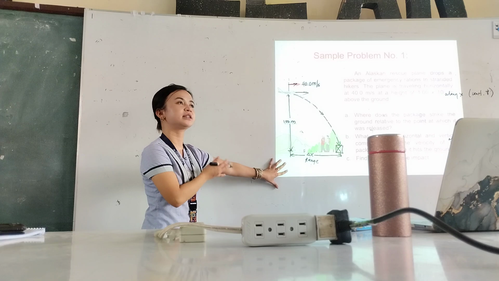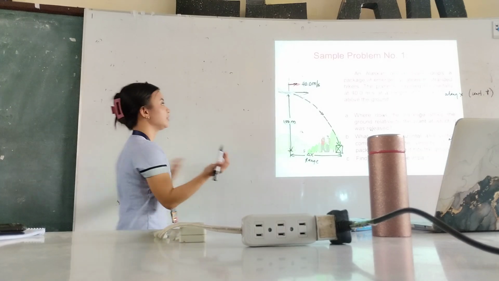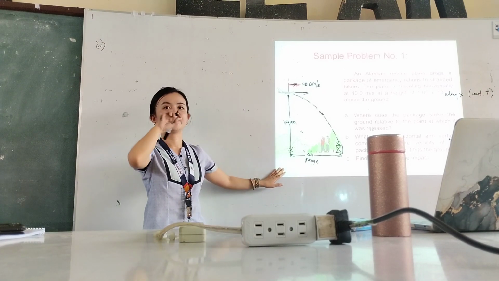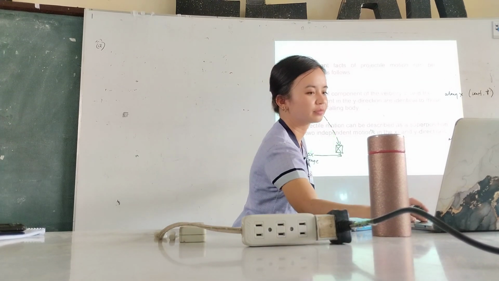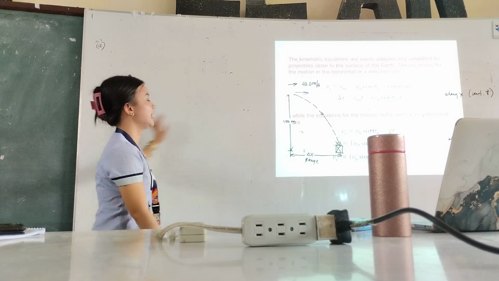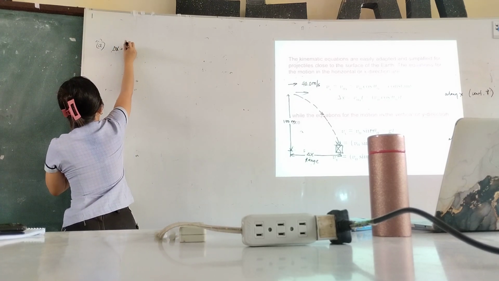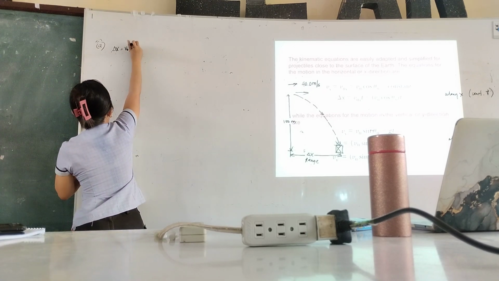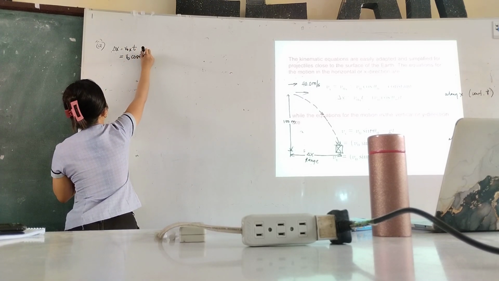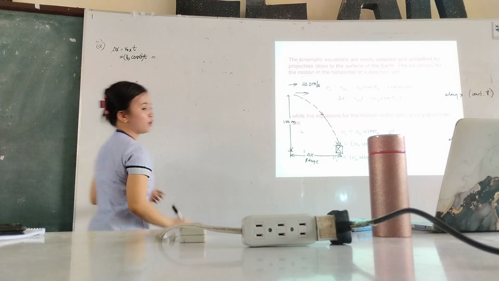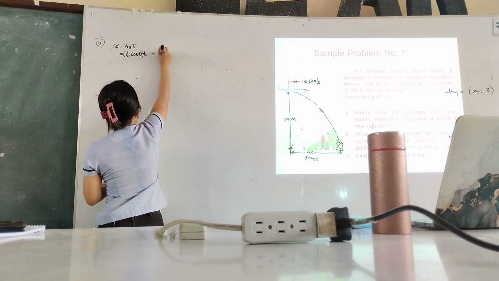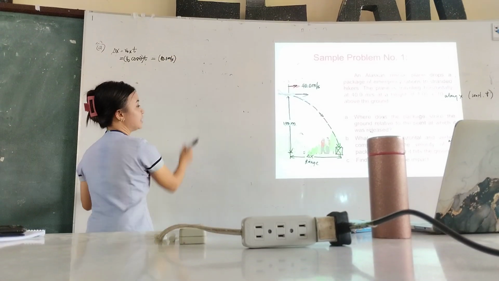So for this problem, we will use the formula: delta x equals V0x times time, where V0x is V0 cosine theta. Your V0 in the problem is 40 meters per second.